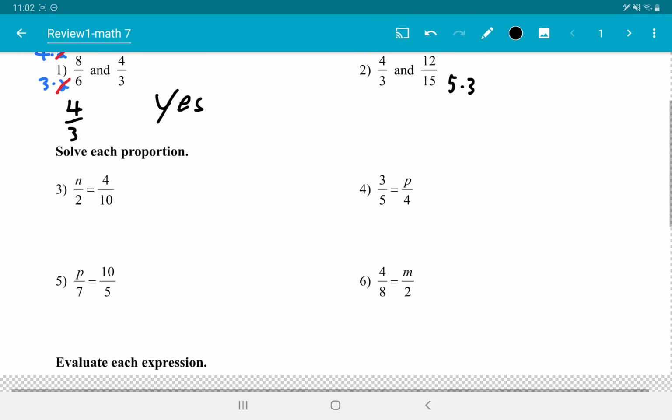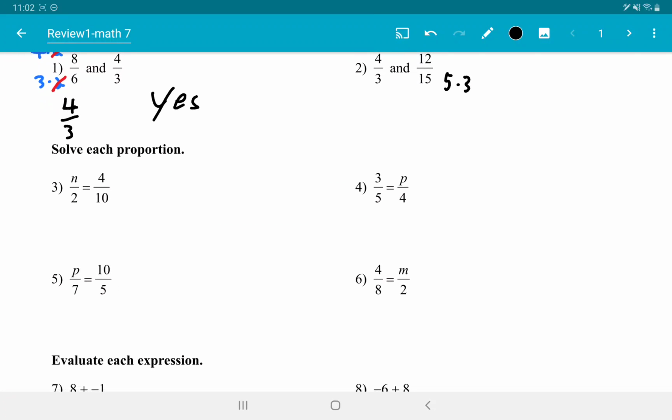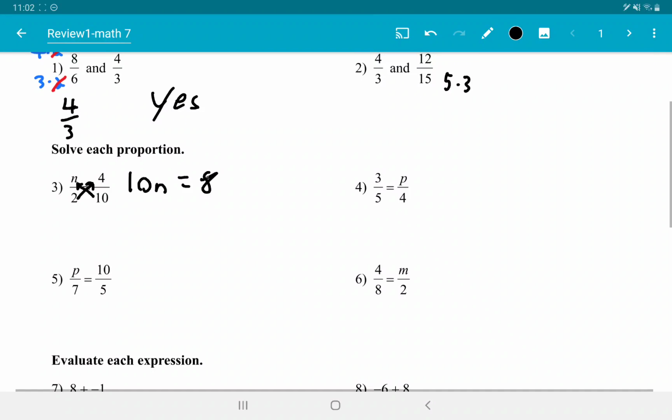So for number 3, we want to solve the proportion. So I want this n to equal, so basically that both sides are equal to each other. So what we do, we cross multiply. So then it'll be 10 times n is equal to 4 times 2, which is 8.